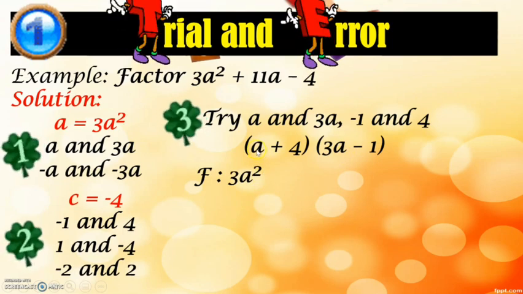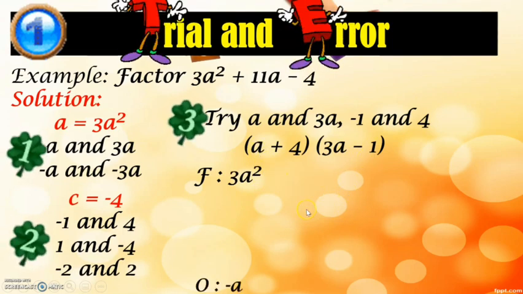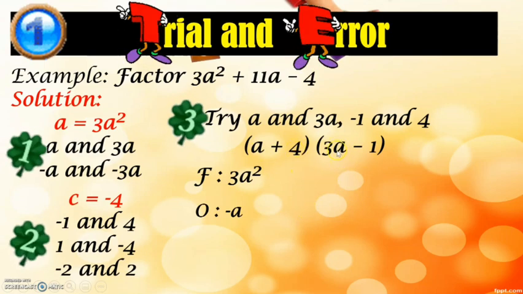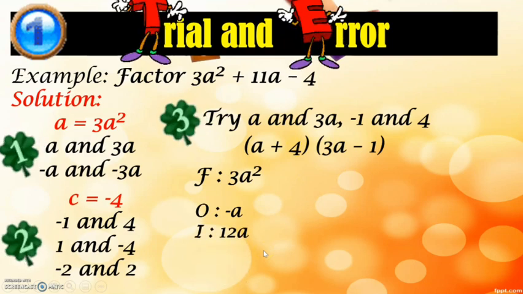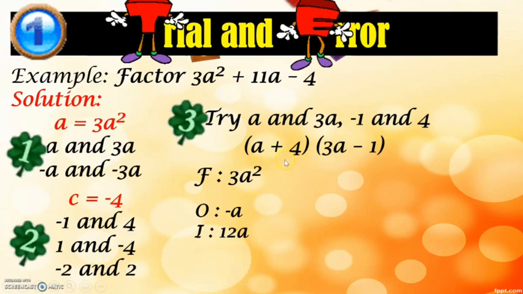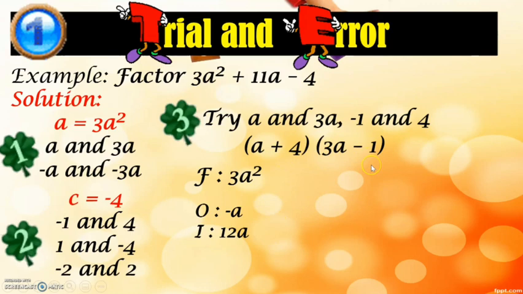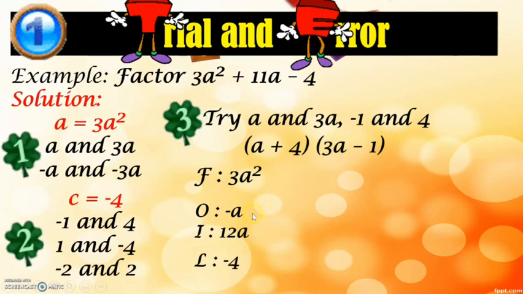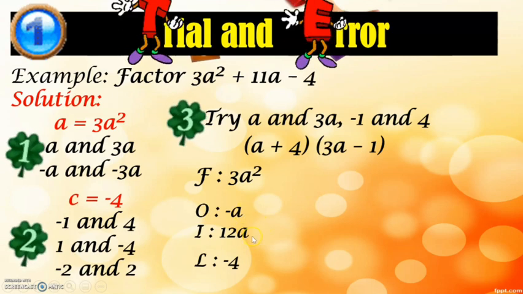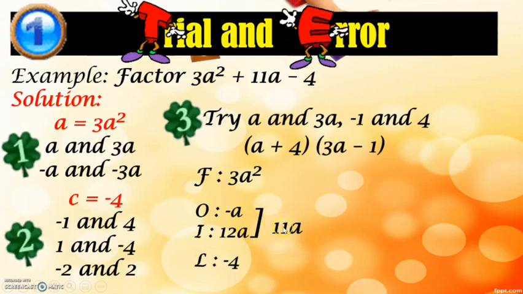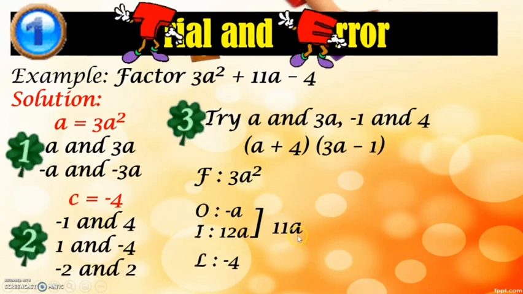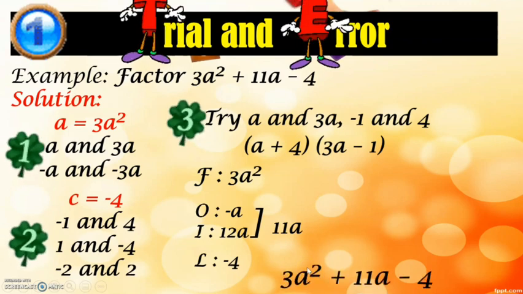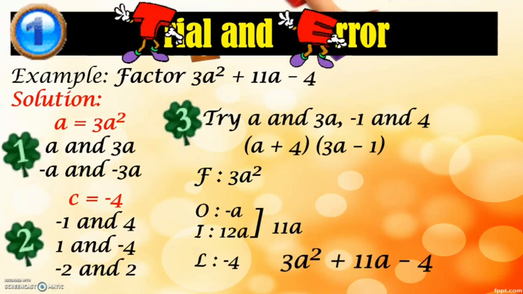Outer term, a multiplied by negative 1 is negative a. 4 multiplied by 3a is equal to 12a for the inner term. And for the last terms, 4 multiplied by negative 1 is equal to negative 4. So we combine like terms. Negative a plus 12a is equal to positive 11a. Now we combine the three terms so we can have a trinomial: 3a squared plus 11a minus 4.